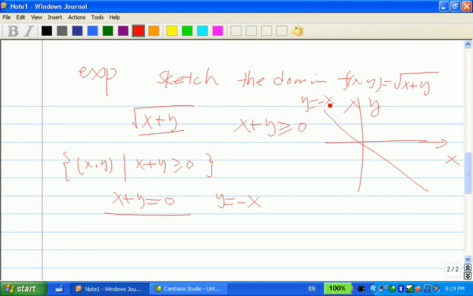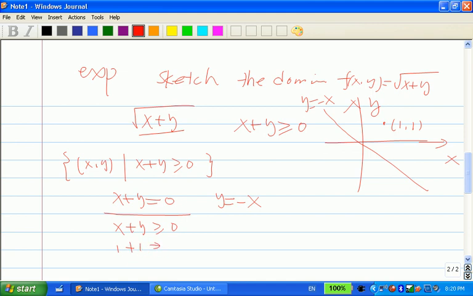Okay. Now we know that every point on this line will be in your domain. But how about x plus y bigger than or equal to 0? Now, we have two sides. One is above this line, one is below. You just need to check one point. For example, we pick the point (1,1). You plug in there: x is 1, y is 1.